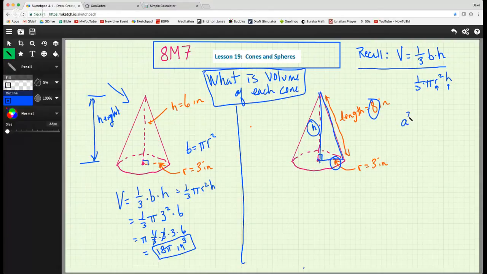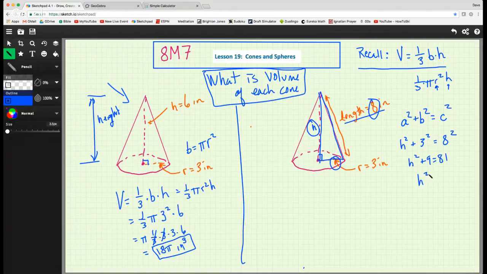And we get a squared plus b squared equals c squared. And we know our c, which is our length. So 8 squared equals 3 squared plus a squared, which in this case is h. So I can say h squared. So h squared plus 9 equals 81.